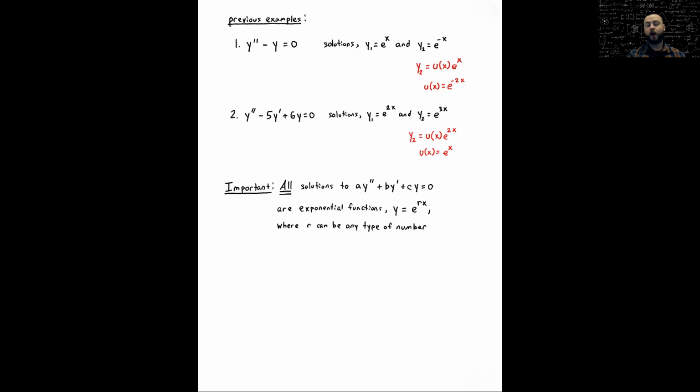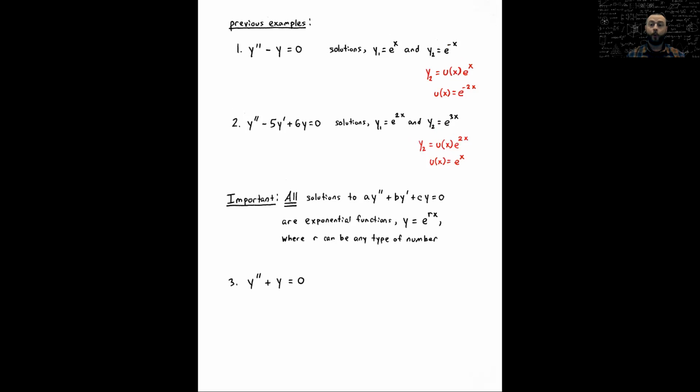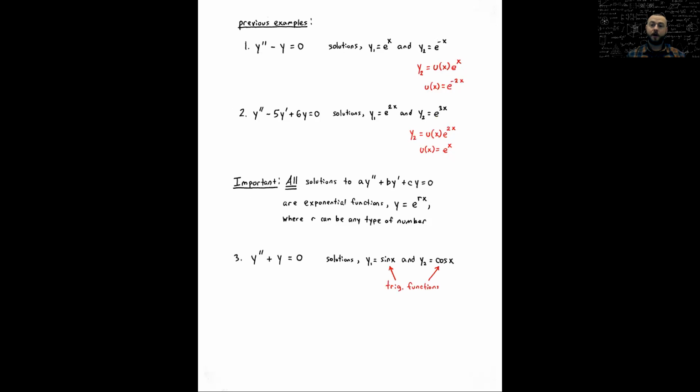Well, let's go back to arguably the most important second order ODE that we've been mentioning from our very first lecture, y double prime plus y equals 0. At the time when we introduced it, we just rewrote this, subtracted the y term to the right-hand side, and we saw pretty easily that sine and cosine are solutions.